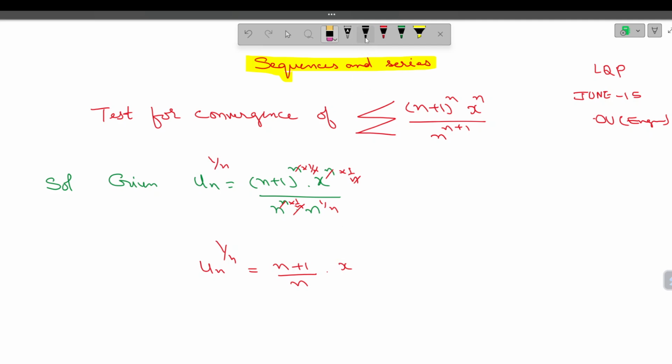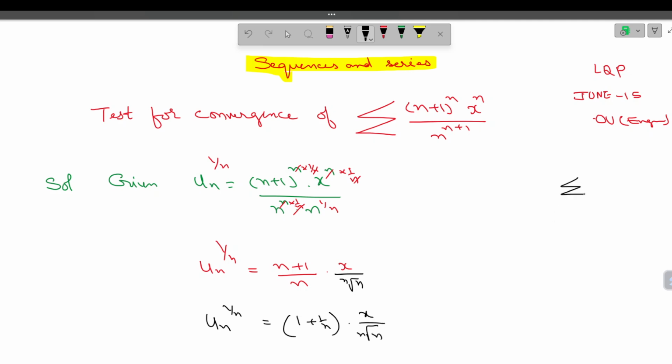This is root n. Now u_n to the power of 1 by n equals, taking n common, 1 plus 1 by n into x into root n.